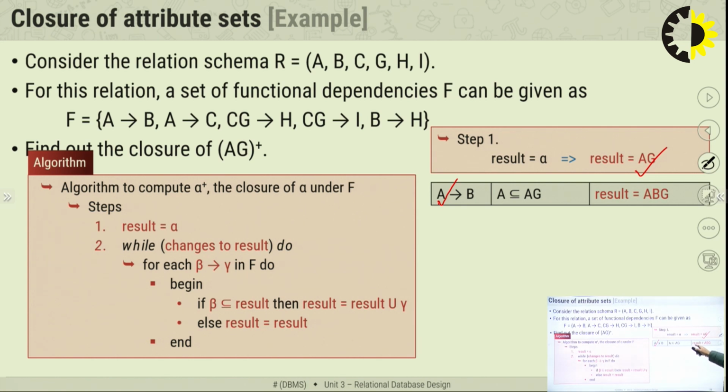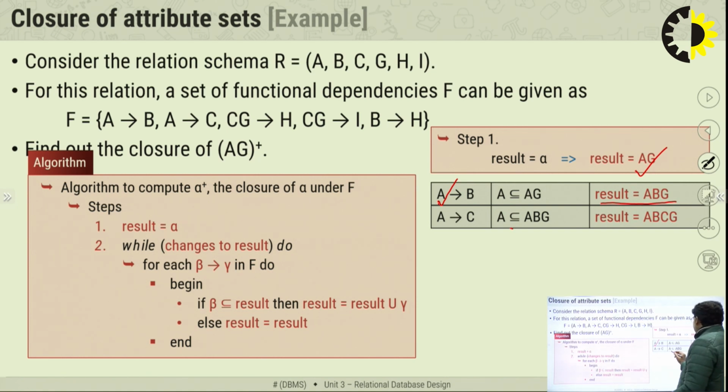Then result equals AG union B, that is ABG. Next FD is A determines C. Again A is a subset of ABG. Now the new result will be A, B, C, G.